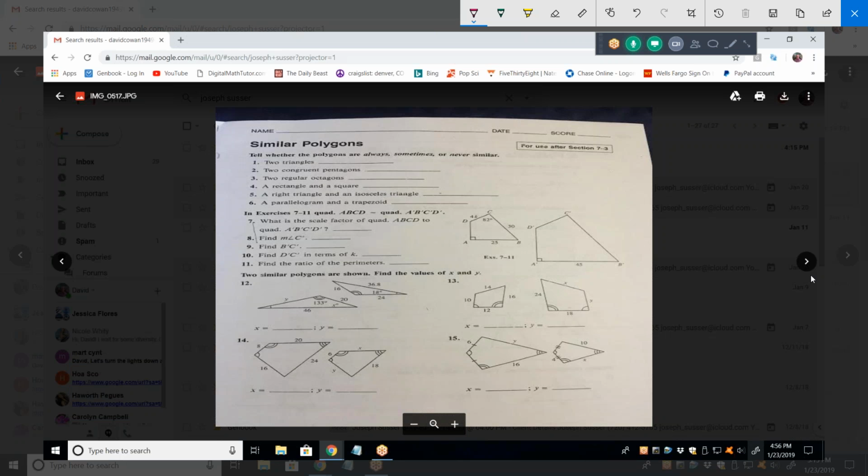The problem in 12, 13, not so much 14 and 15, but 12 and 13 is they have rotated one of the similar polygons. And that makes it a little difficult to figure out why it's similar.